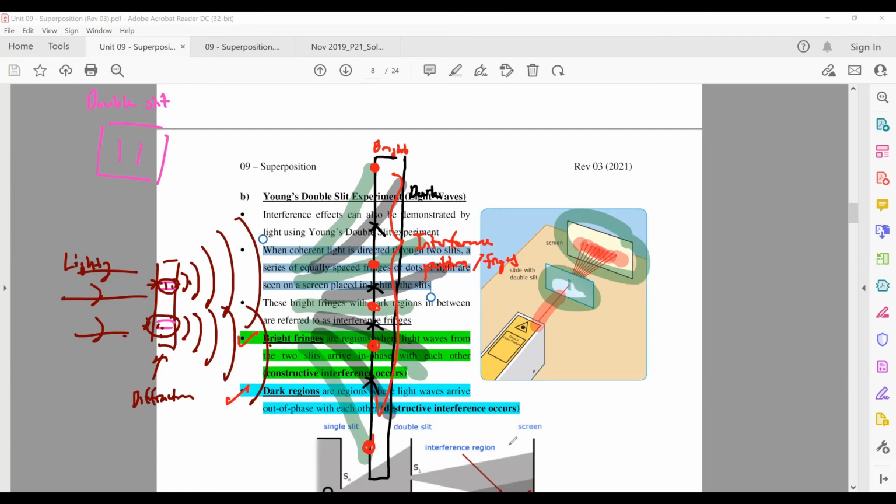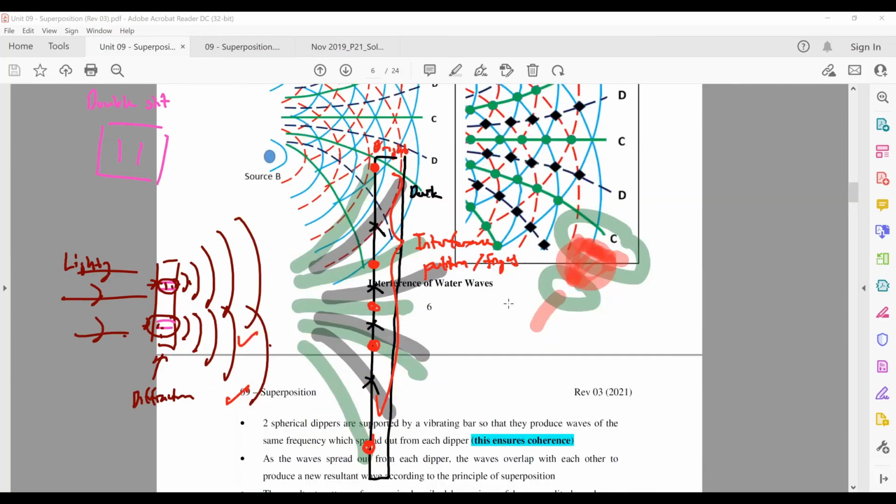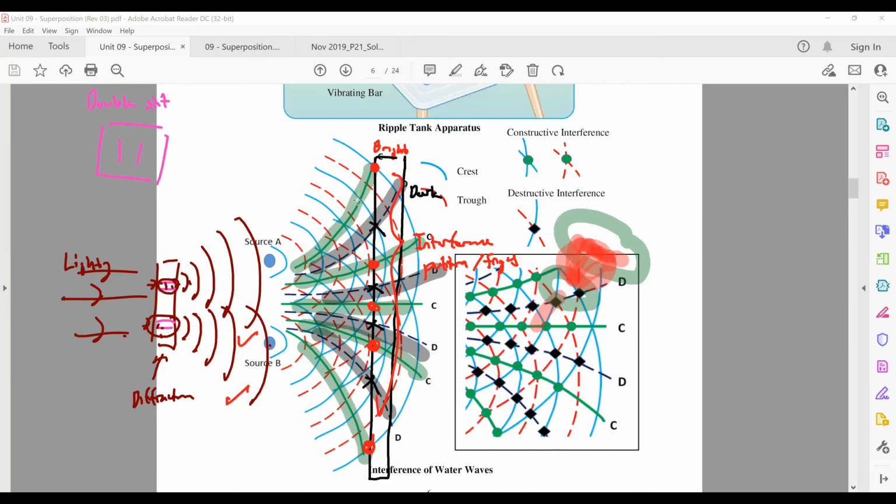Now, another way of looking at the interference pattern could also be like this. You can conduct this experiment in a completely dark room, and you'll be able to see these beams of light. These beams of light that you see here are actually these regions of constructive interference.